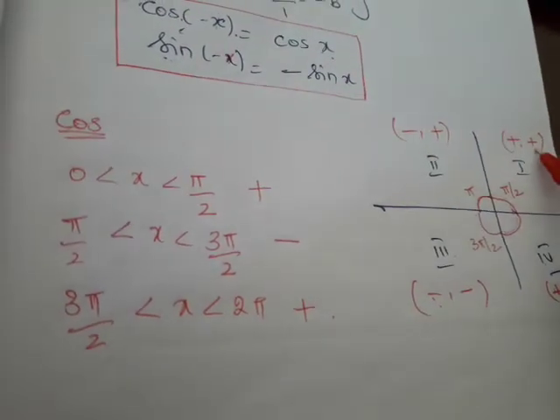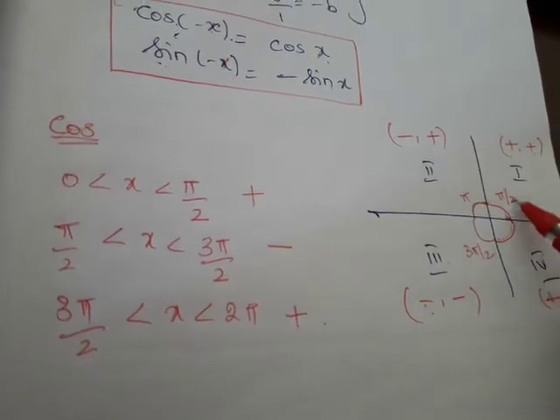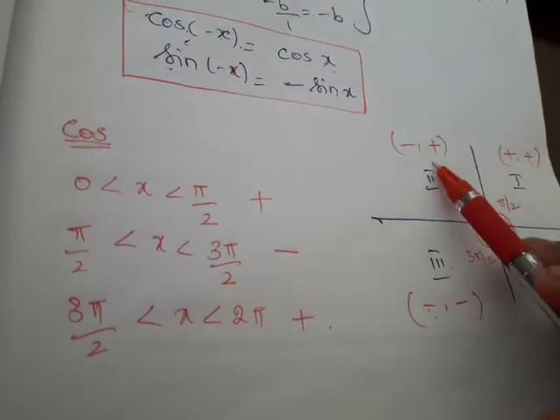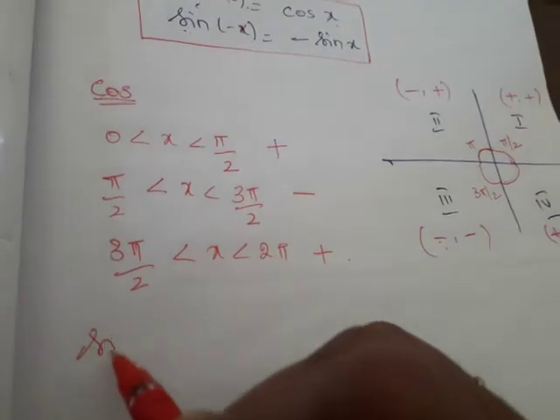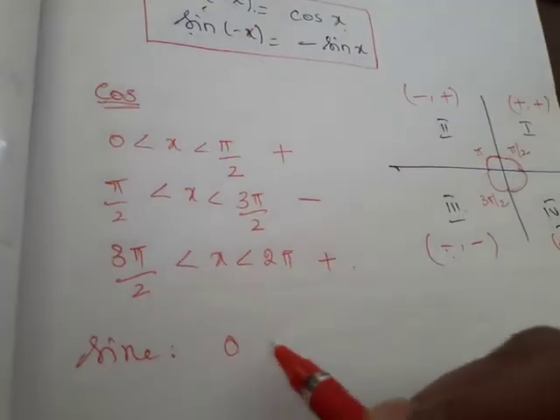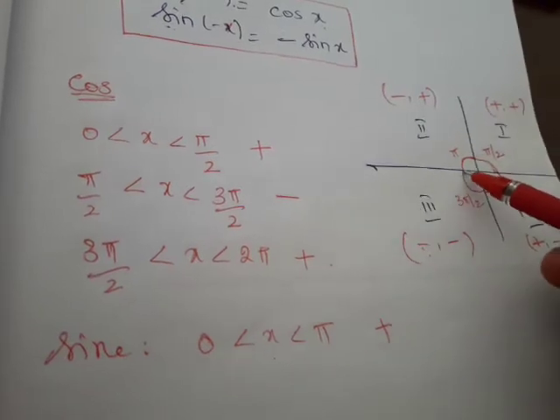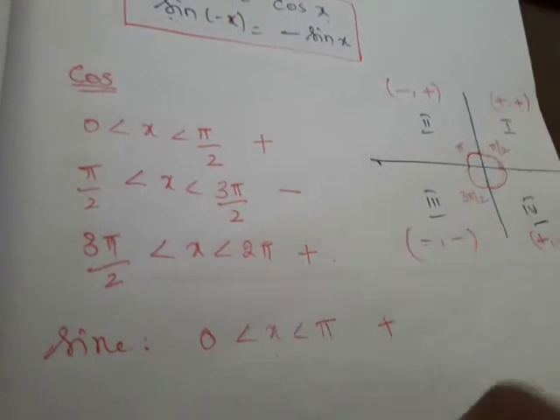Sine function depends on the y coordinate. If you check the y coordinate, from 0 to pi by 2 it is positive. Then from pi by 2 to pi also positive. So for the sine function, 0 to pi, it is positive. Then pi to 3 pi by 2, it is negative.